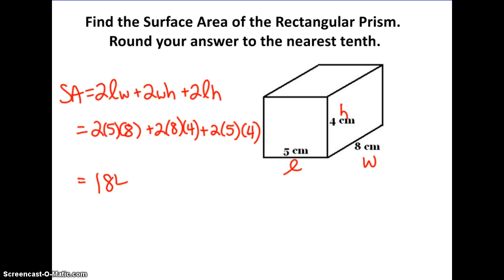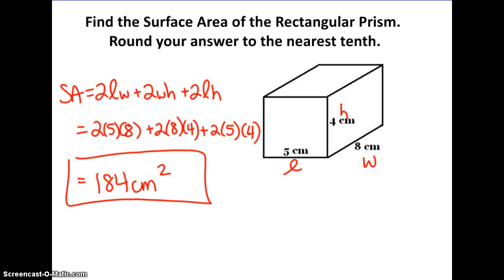And I get 184 centimeters squared. No need to round to the nearest tenth, even though the problem says so, because it is 184, period. There's no decimal, there's nothing following it. It is our whole number, 184.